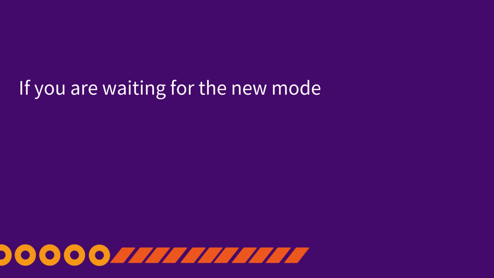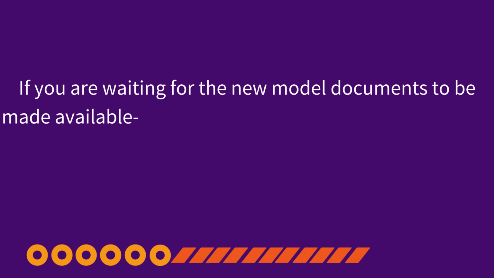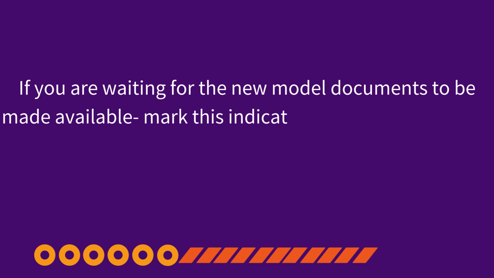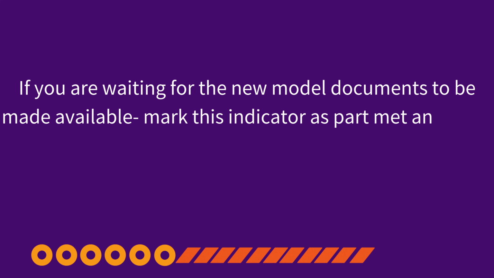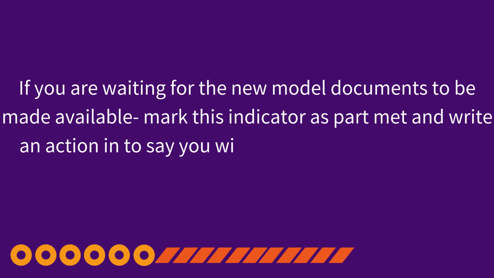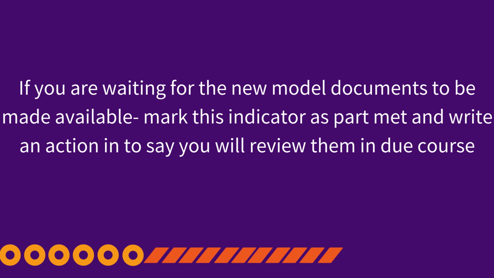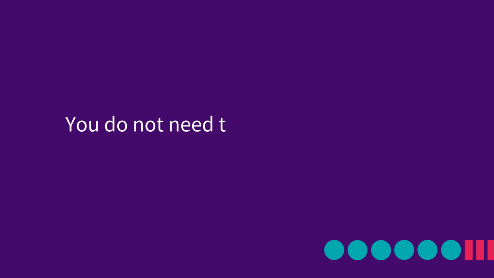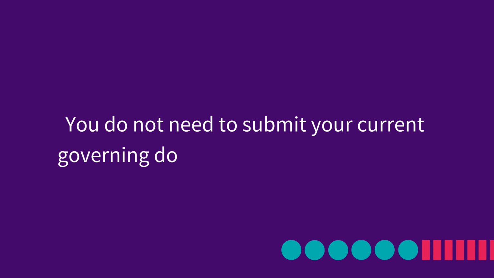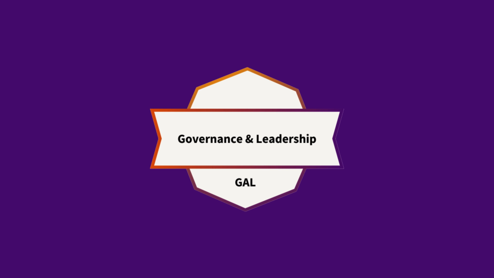But if you're waiting on HSUK to publish the finalized versions of the new model governing documents, it's absolutely fine just to self-assess this as part met, and that you will be carrying out the review against the model documents. And we don't need you to submit your current governing documents.